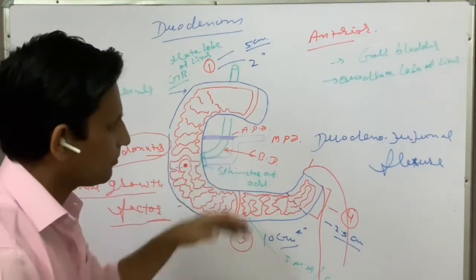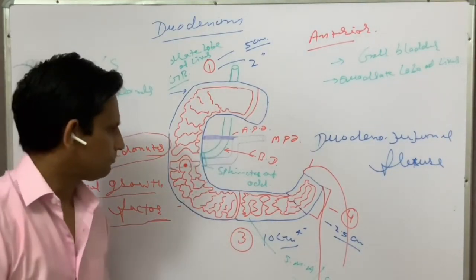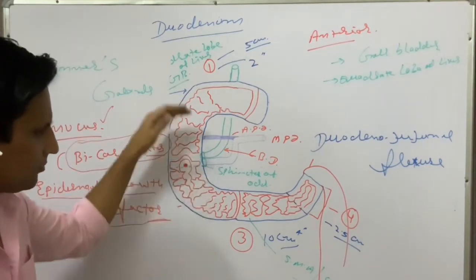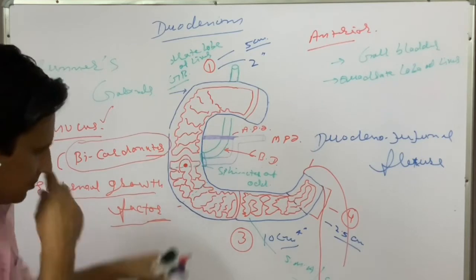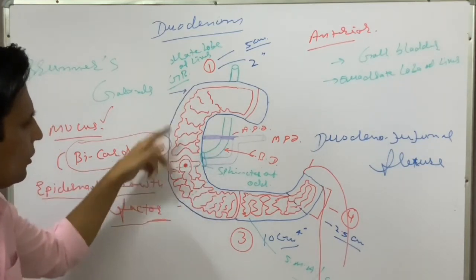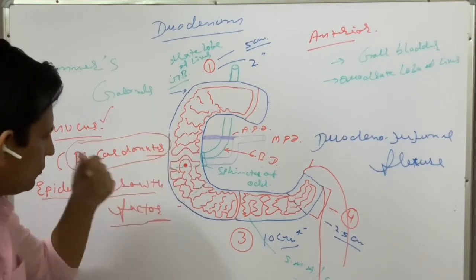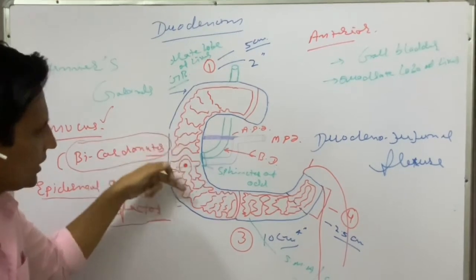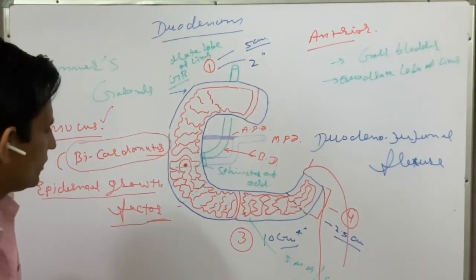Let's come to the blood supply of this part. As we have told you earlier, this portion, the whole stomach, is actually derived from two different embryological portions.